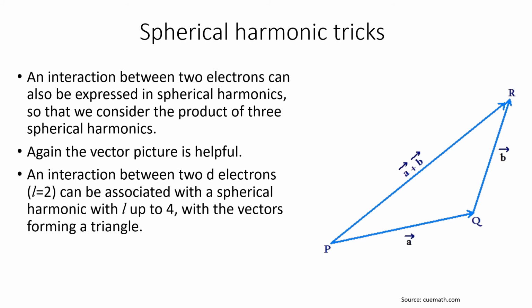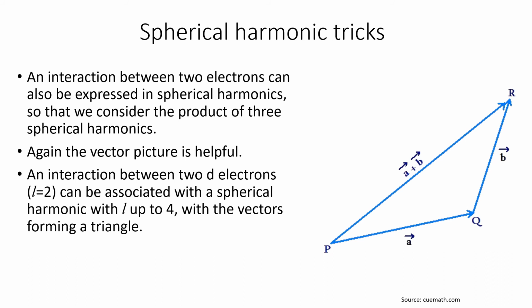When we're just considering a rotation from one orbital on top of another orbital, when we consider the three spherical harmonics together, it doesn't really matter if you're considering an energy or a transformation like a rotation.